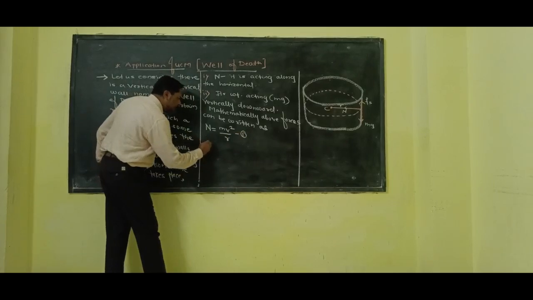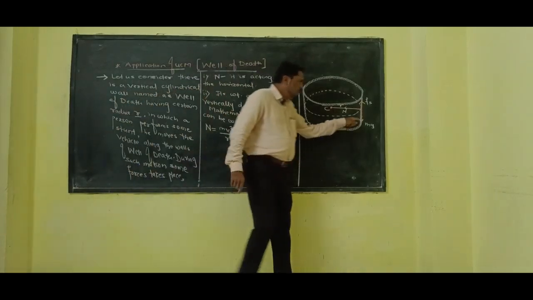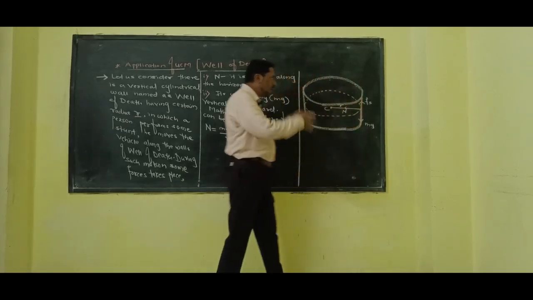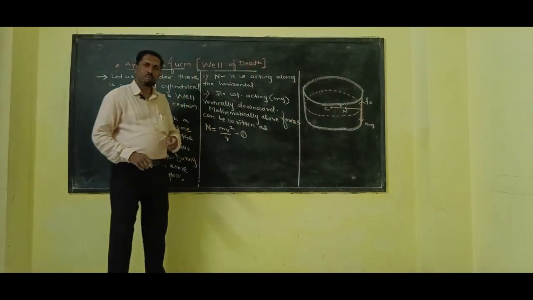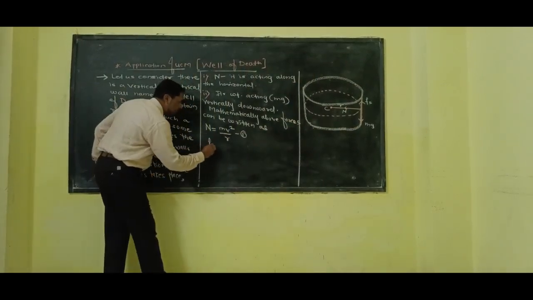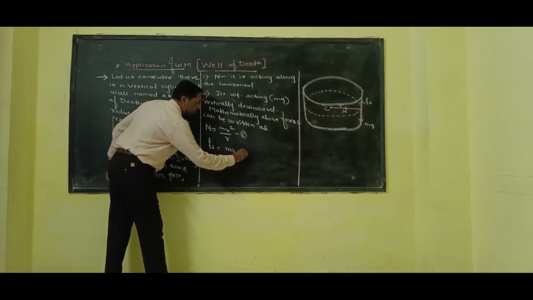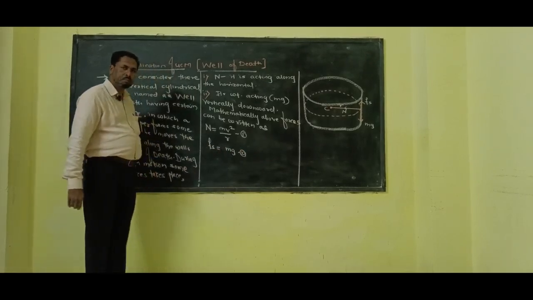Whereas the weight mg is acting vertically downward along the wall of the well of death, so the force of friction takes place, that is Fs is equal to mg, equation number two.